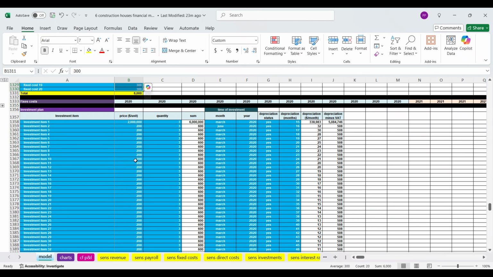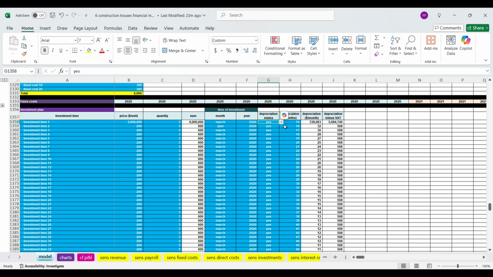Then we have two investment plans. The first investment plan is not linked to the moment when we start building the first house. So here we can specify what we are investing in, price per unit, how many units we buy, when we buy these units, year and month.